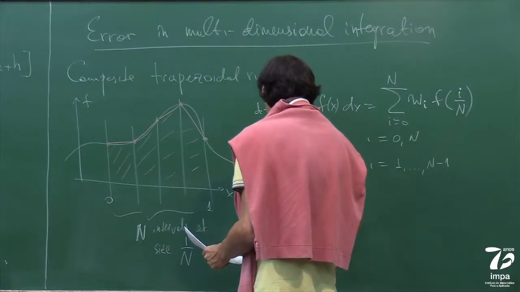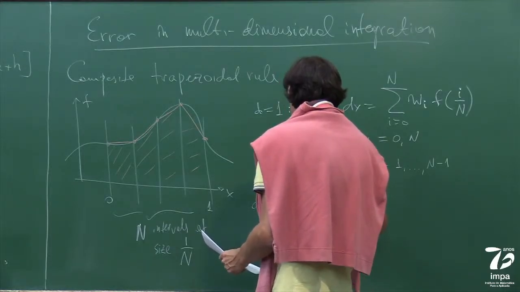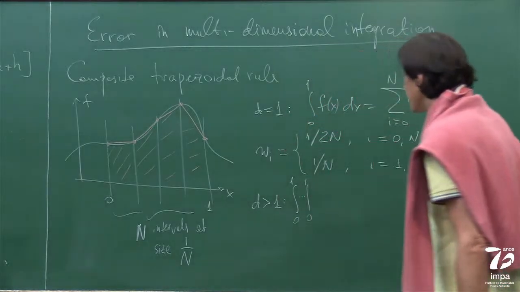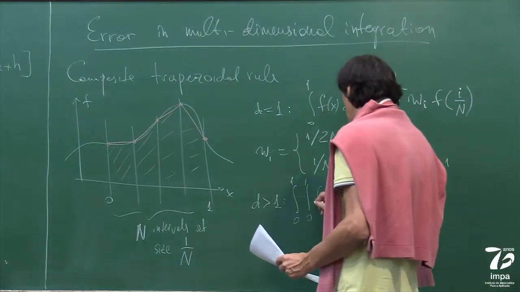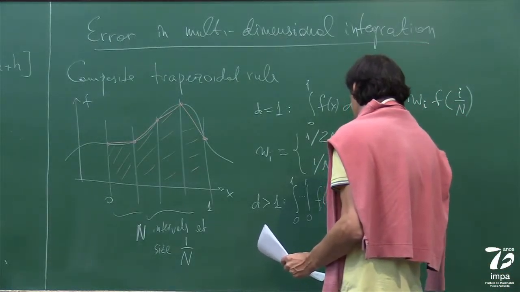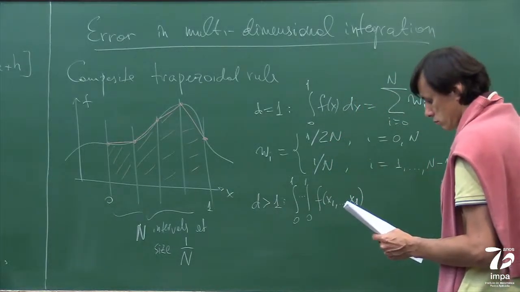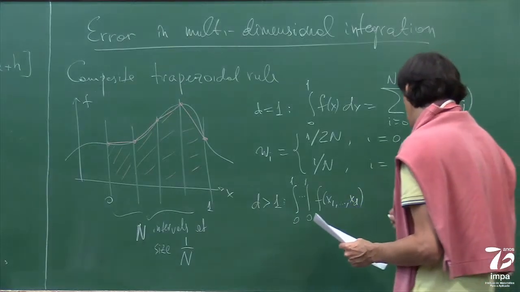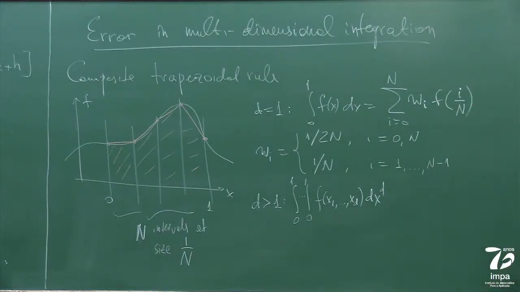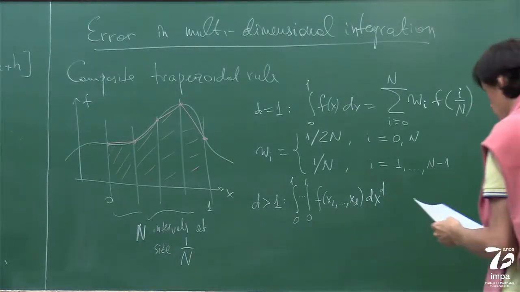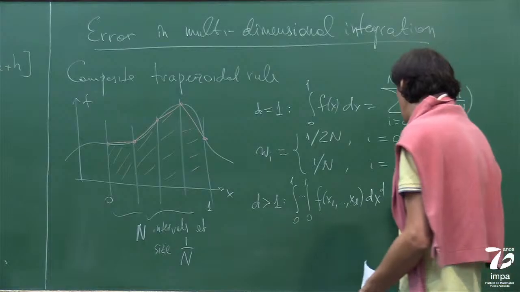For dimension bigger than 1, take the integral of the function in the cube of size 1, of d variables. You now apply just the same trapezoidal rule, but in each variable, and then you get the second order method.